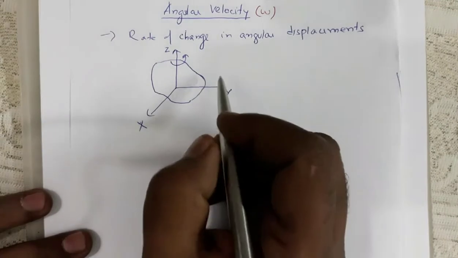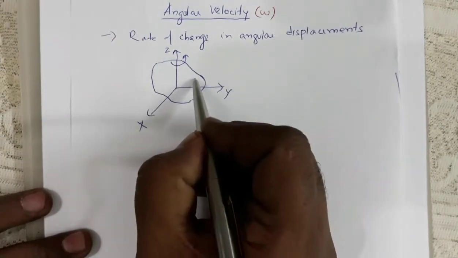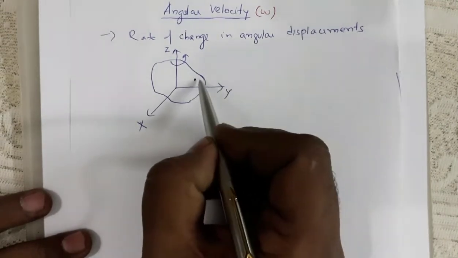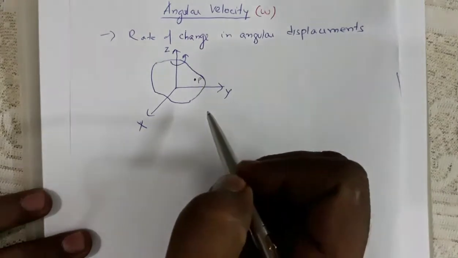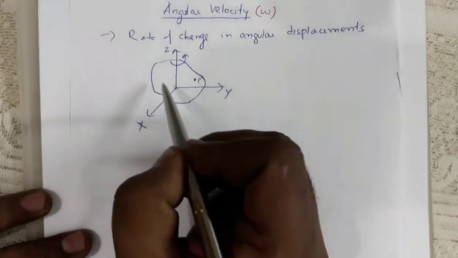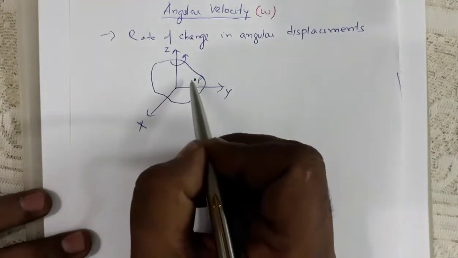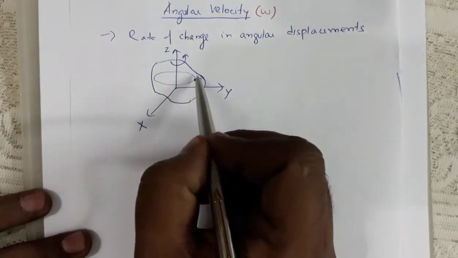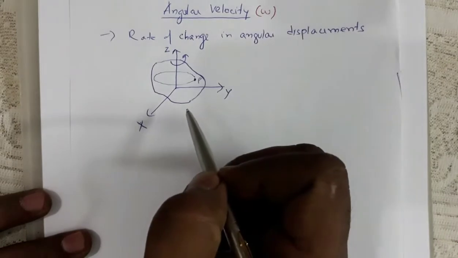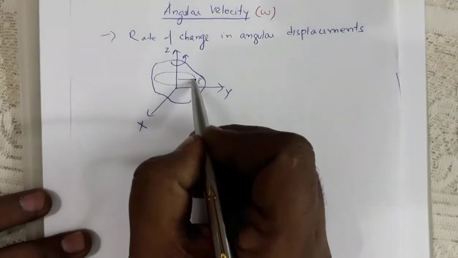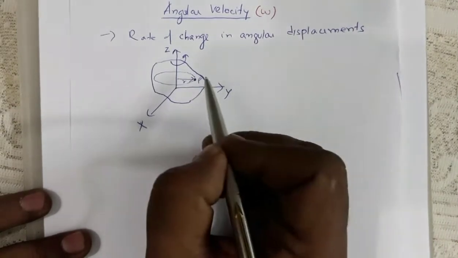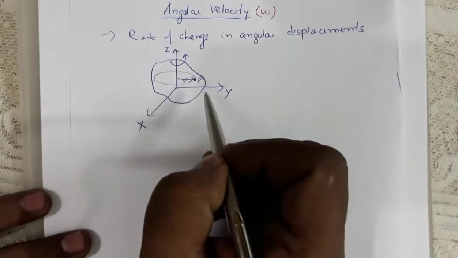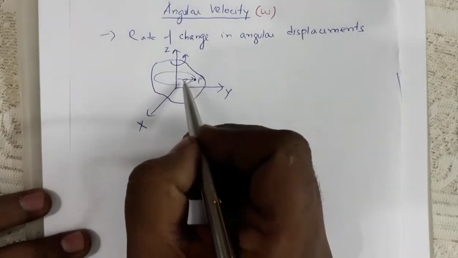Now suppose this is some particle P. If this rigid body is rotating about this axis, this particle will move in a circular path. Let's say its position vector is r.